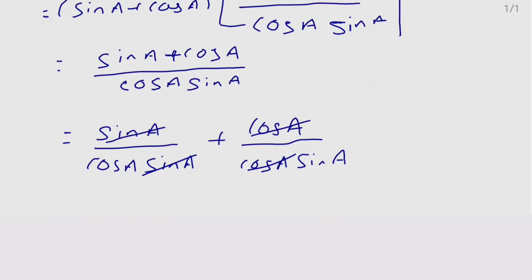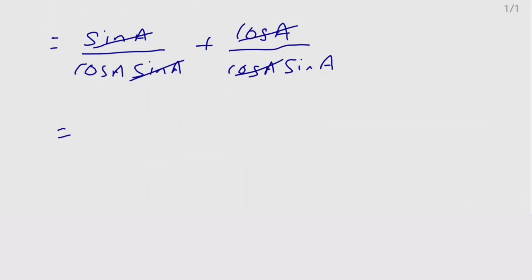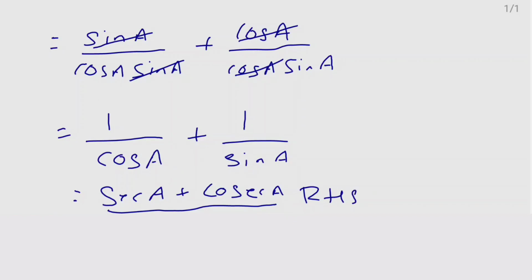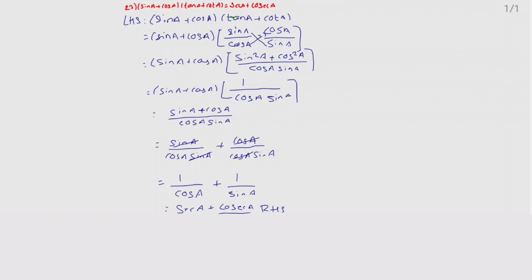Remaining terms 1 divided by cos A plus 1 divided by sin A. So 1 divided by cos A we can write sec A, plus 1 divided by sin A we can write cosec A. So it is our RHS. Hence proved. So see here, the given RHS is sec A plus cosec A, and here we proved sec A plus cosec A.